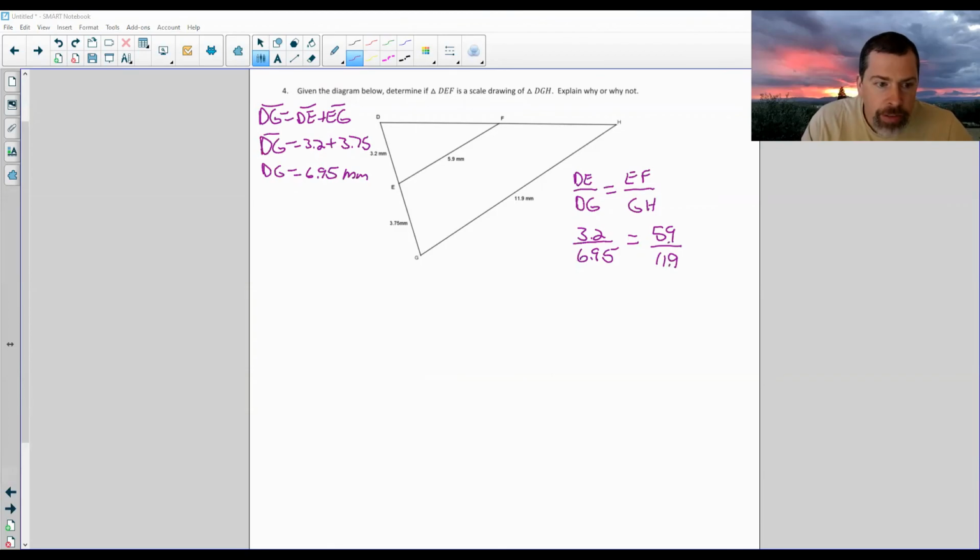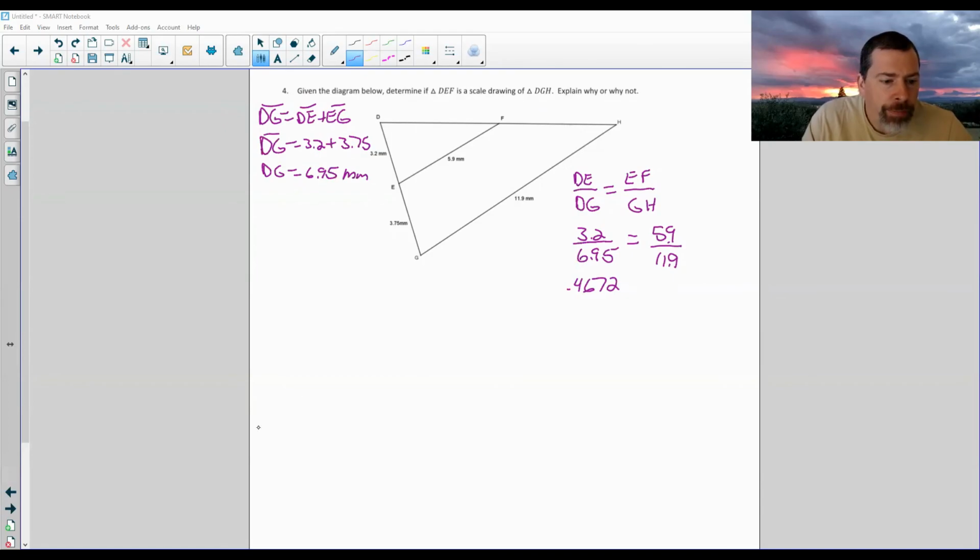Okay, get my calculator. Clear. 3.2 divided by 6.95 equals, and the answer came out to be 0.4672. I'll round that. And then I'm going to do the same with 5.9 divided by 11.9. And if they are a scale drawing, then these values will be the same.